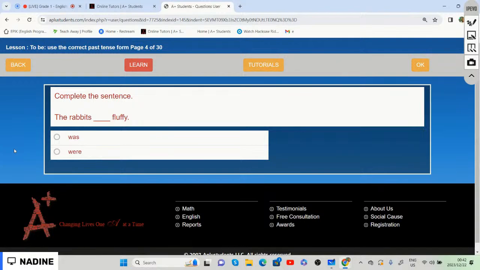If we're referring to the rabbits, which means more than one rabbit, more than one animal, for example. So they're rabbits, more than one rabbit.